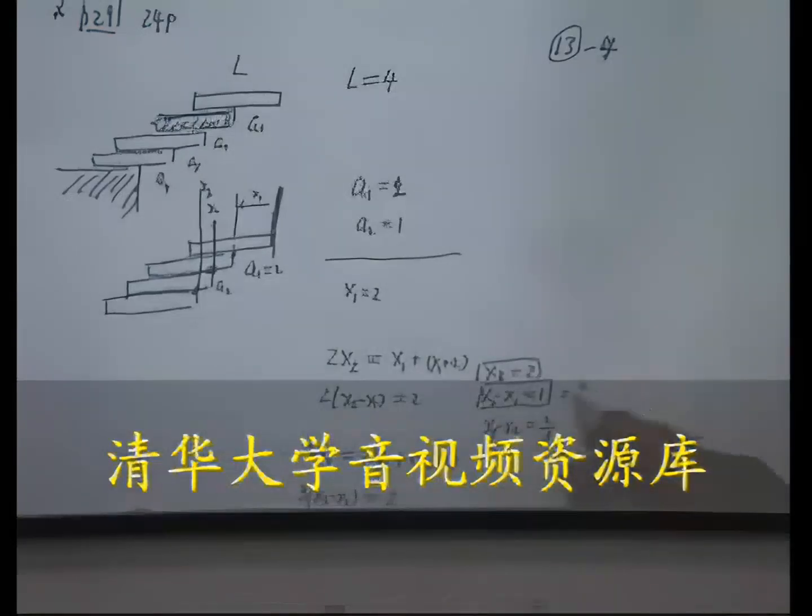If you think about this, it's actually 2 seconds. Now if you do this next, you get x4 minus x3 is equal to 2/4. x5 minus x4 is equal to 2/5.